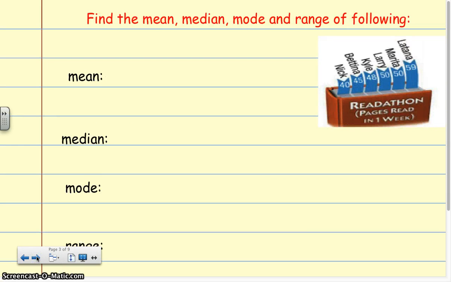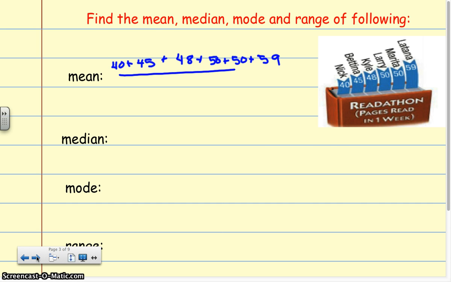All right, I want us to look at these readathon pages in 1 week, and we need to find the mean, median, mode, and range of them. For the mean, we're going to go 40 plus 45 plus 48 plus 50 plus 50 plus 59.